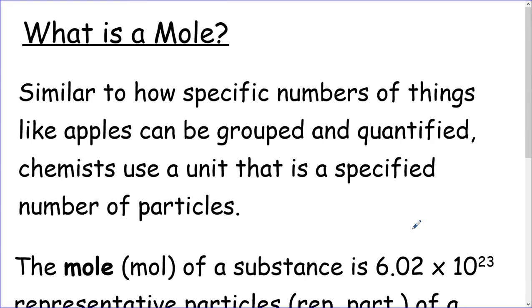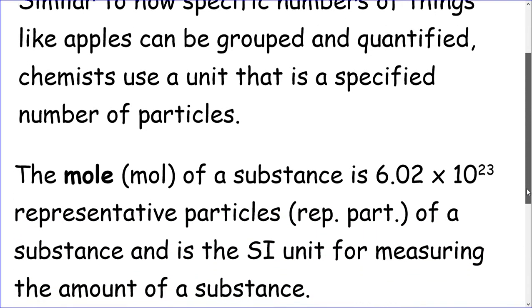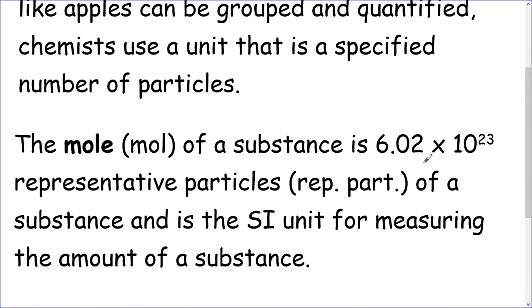So let's start off and go through the idea of what is a mole. Similar to how specific numbers of things like apples can be grouped and quantified, chemists use a unit that specifies a number of particles. So the idea of the mole is that a mole of a substance is 6.02 times 10 to the 23 representative particles, which we're going to see is just called representative particles of a substance.